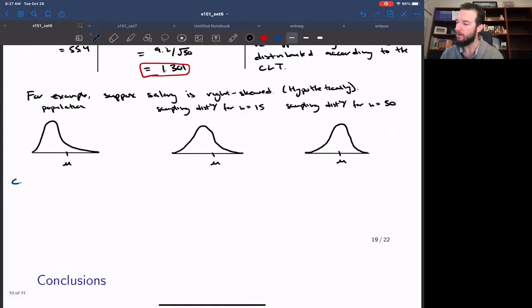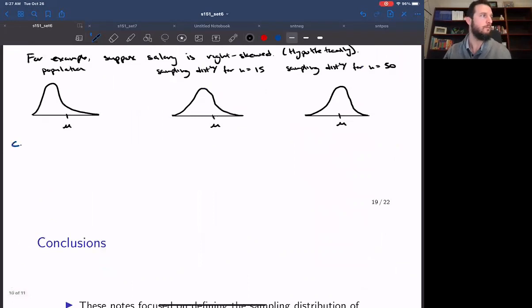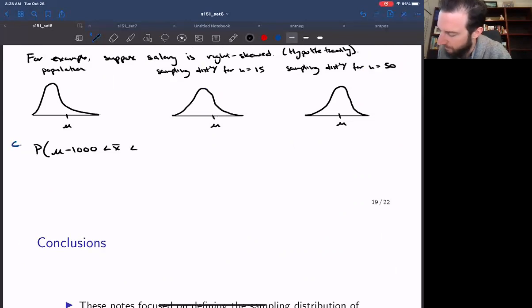So basically all we're asking here is, what is the probability that mu minus 1,000 is less than X bar is less than mu plus 1,000?